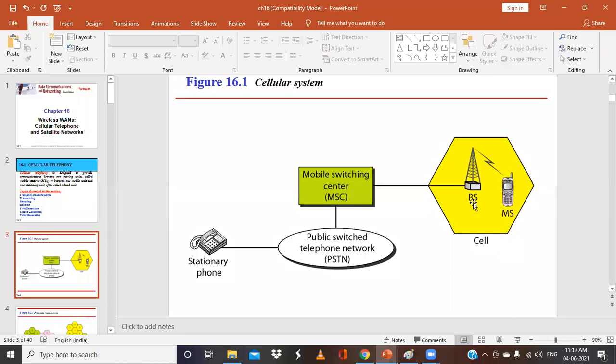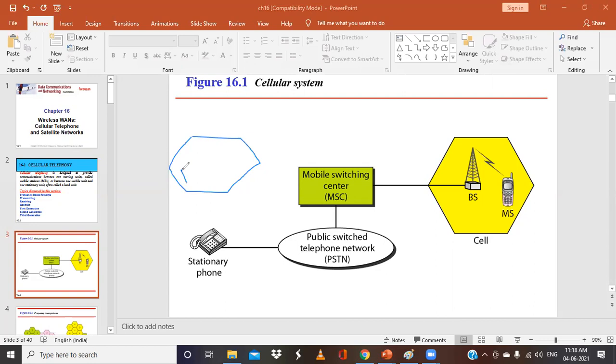When we talk about the cellular system, we want to connect from one mobile station, one particular cell phone, to a stationary phone. In this example it is shown as a stationary phone, but it can be another cell phone as well. I may be communicating from one mobile station to another mobile station.